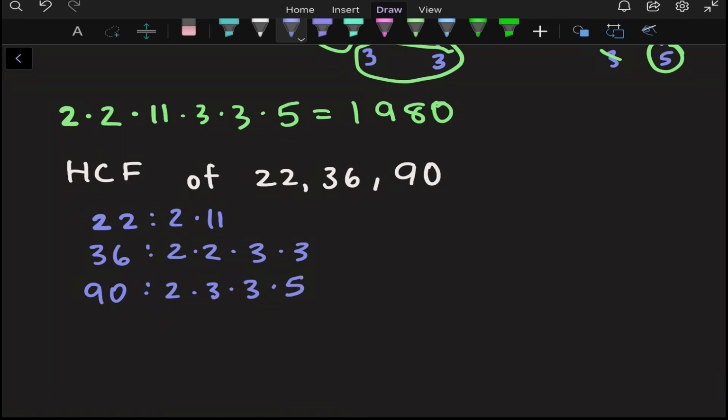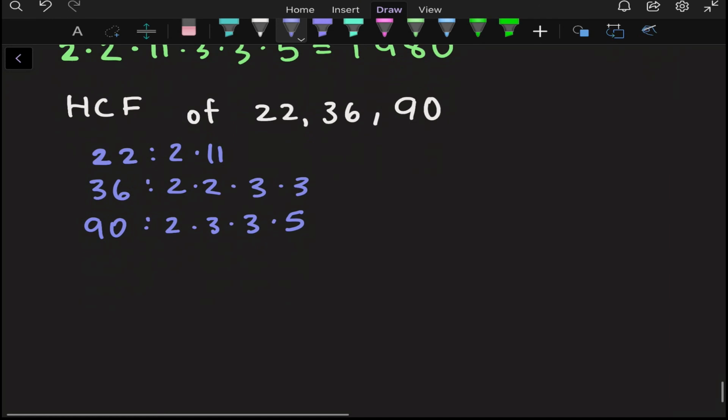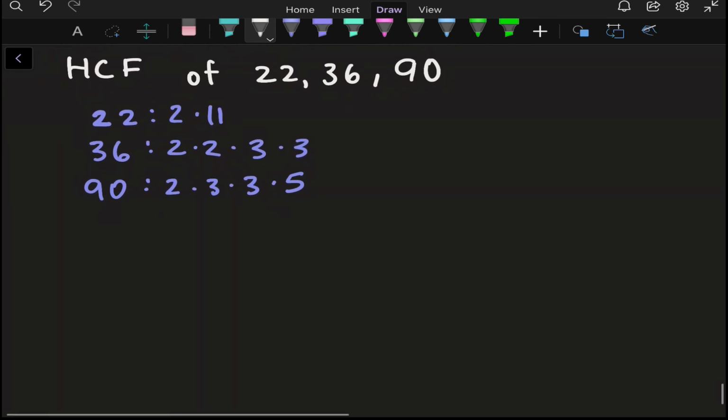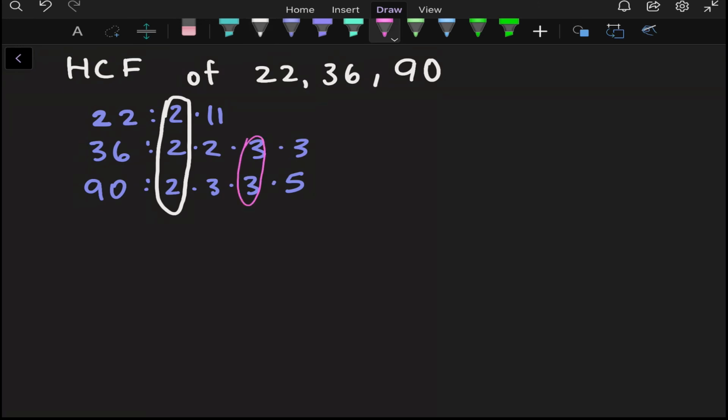Okay. So now, if I go through and I need to find the factor that is common in all of them. Okay, so I know 2 is in all 3. And that's it. Okay, so that's the only one that has all 3. Yes, we do have 2 3s and 2 3s, but there's no 3s up here.